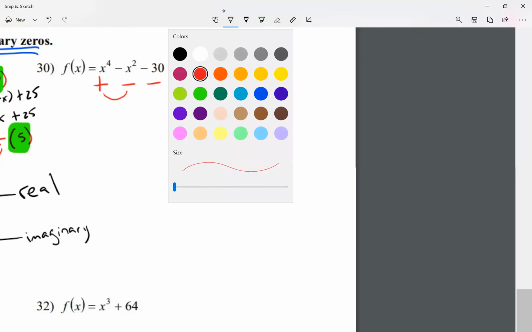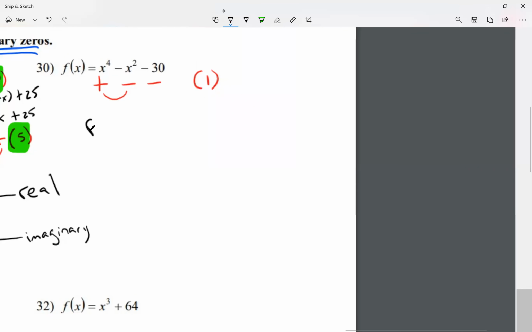Now, let me think of f of negative x, because I need to worry about the left side of the y-axis. So f of negative x is negative x to the 4th minus a negative x to the 2nd minus 30. And I said earlier, if the exponent is odd, the negative comes up to the front.